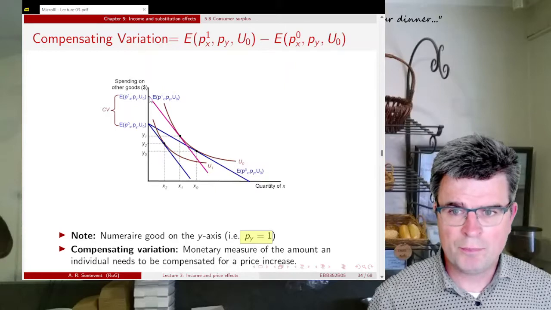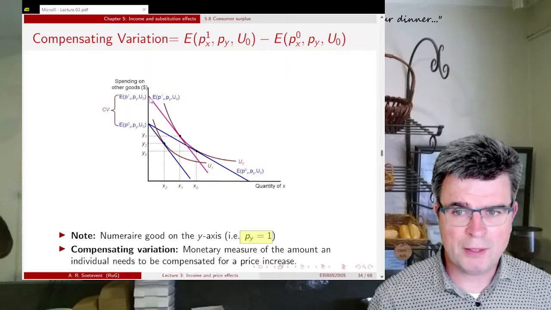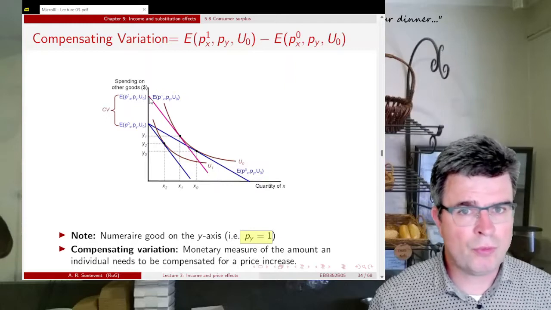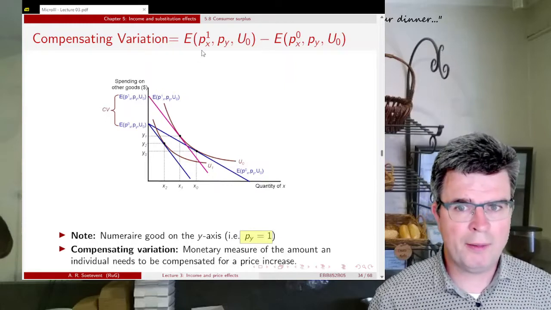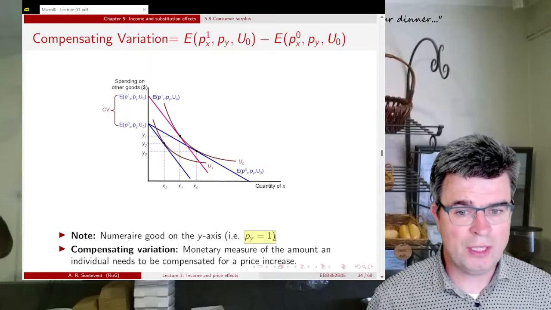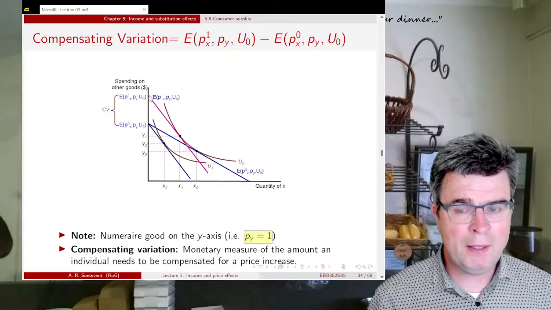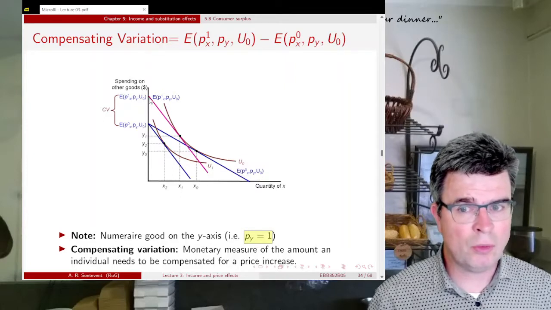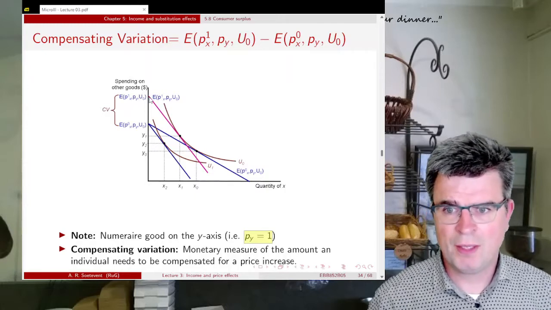So if now we would spend our compensated income entirely on good Y, then maybe we could afford 18 units of good Y. The price of good Y didn't change, it's still equal to 1, meaning that our new income apparently is identical to 1 times 18.